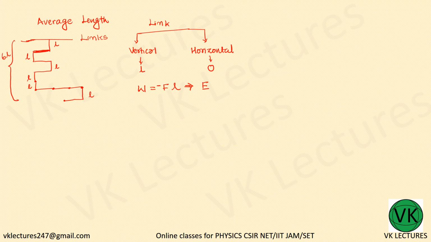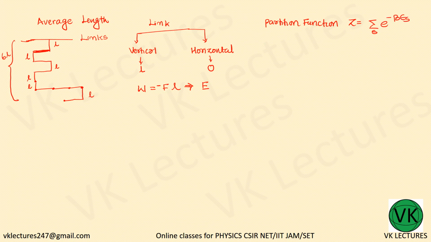So according to that we can write the partition function Z, which is given by the sum over s of e to the power minus beta Es.